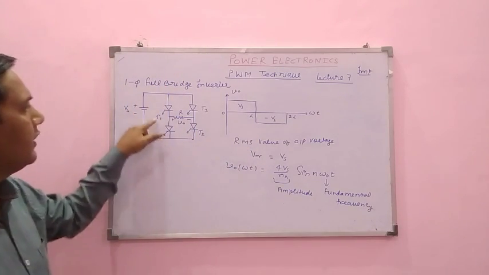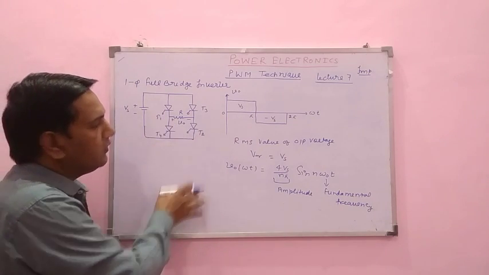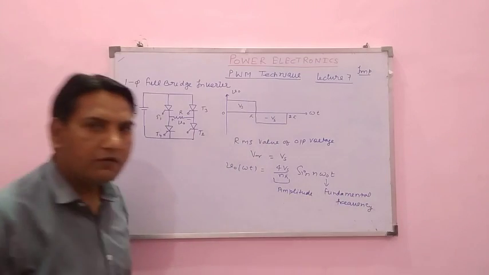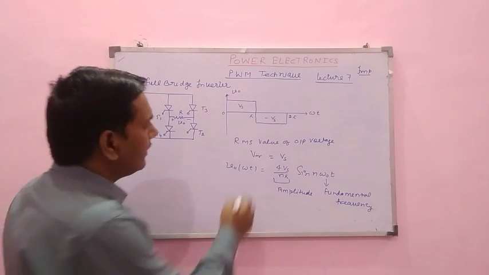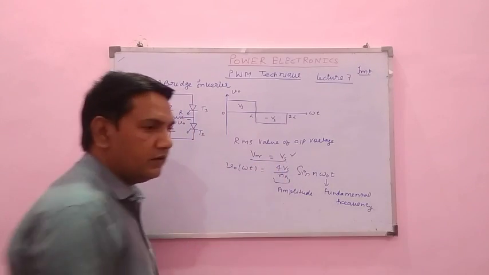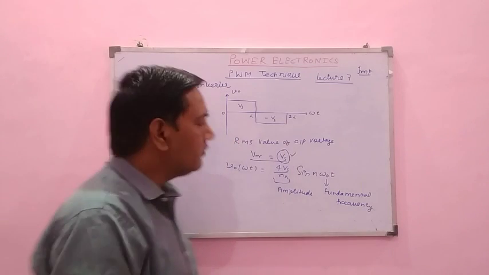These switches are connected here, T1, T2, T3 and T4. By changing the switching frequency of these switches, we can vary the fundamental frequency. But you can see that the RMS value of voltage depends only on the supply voltage Vs, and the supply voltage is a DC supply, which is constant.